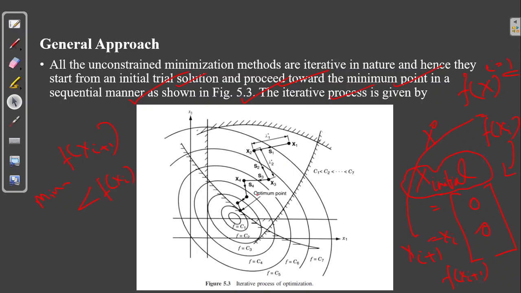Initially the examiner has given some x1, and we will find f of x1, then find x2 from x1, and verify f of x2. In that manner the solution will converge to the optimum point.